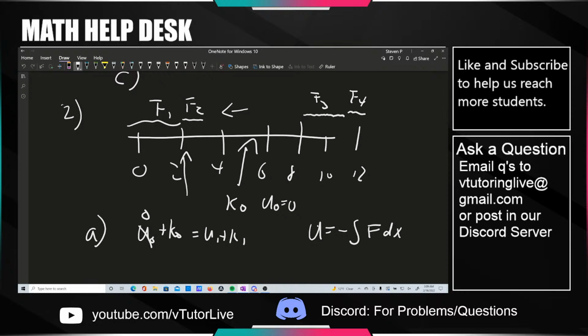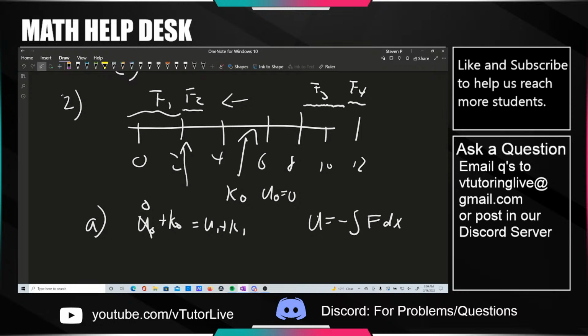Because all the F's are constant over the range they exist, this just turns into minus F times the x over which they reside.